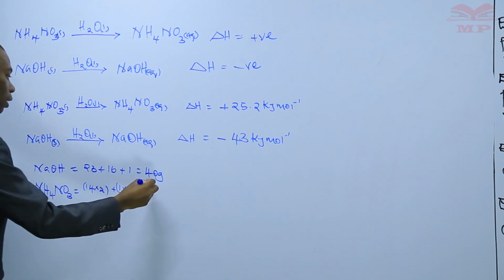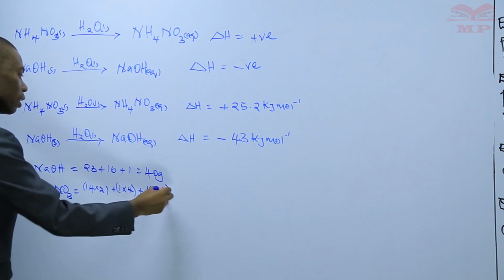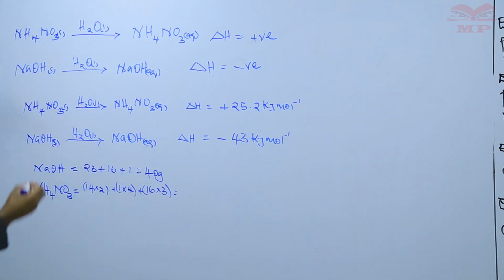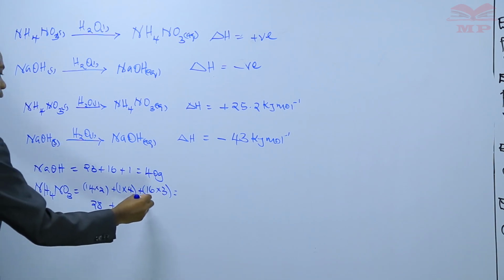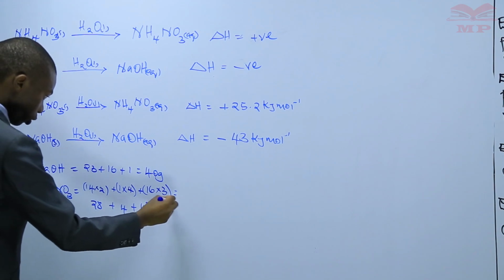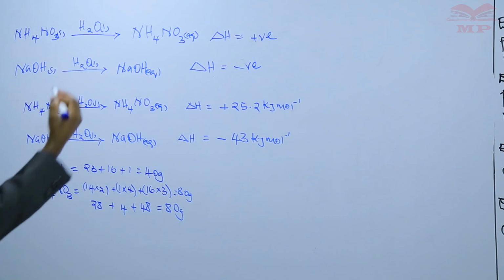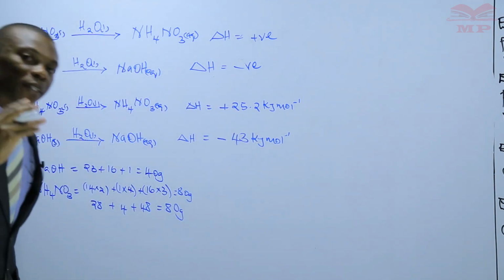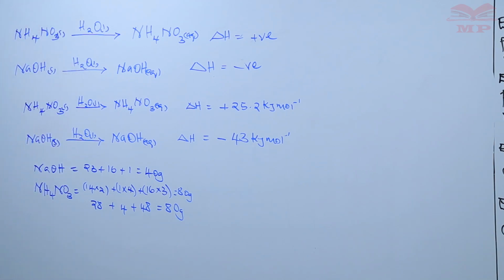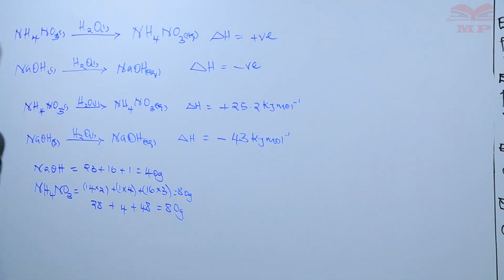Oxygen has a mass of 16, and there are 3 atoms of oxygen. So you multiply by 3. So this is 28 plus 4 plus 48, which is going to give you 80 grams. So positive 25.2 kilojoules per mole is the enthalpy change which will be realized when you dissolve 80 grams of ammonium nitrate in sufficient amount of water.